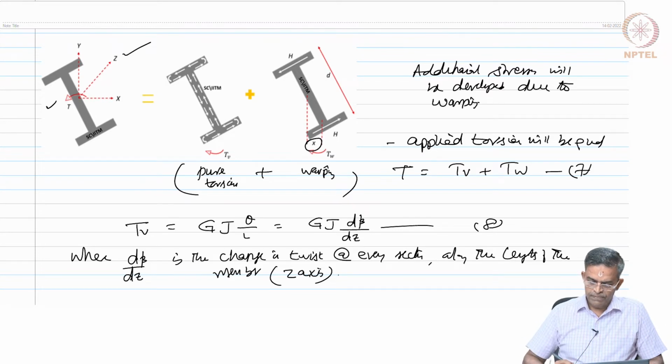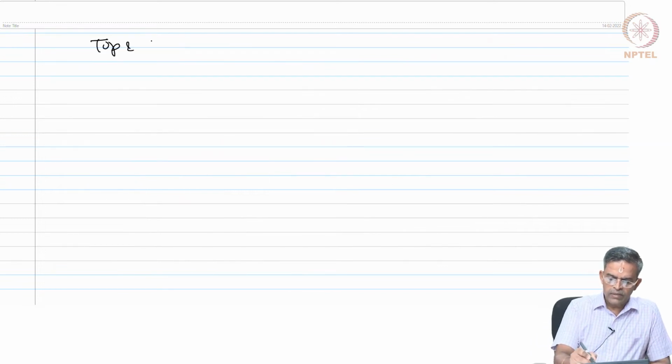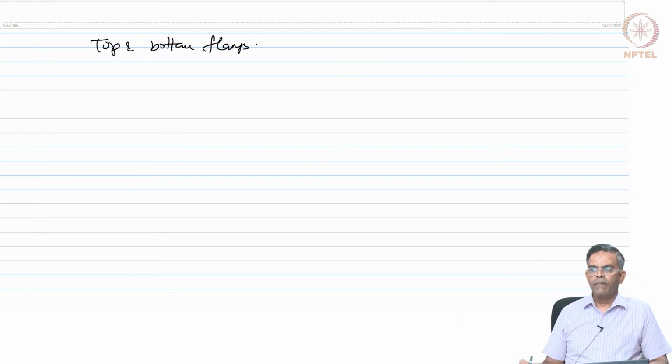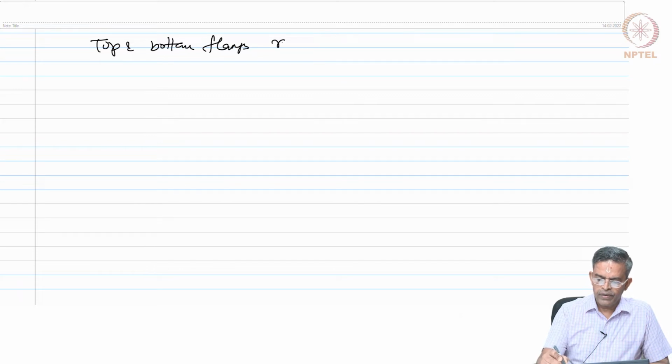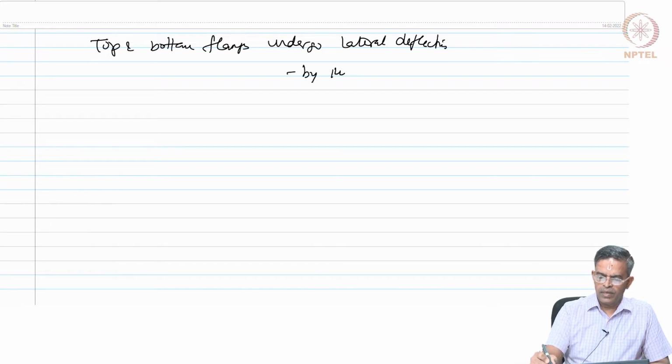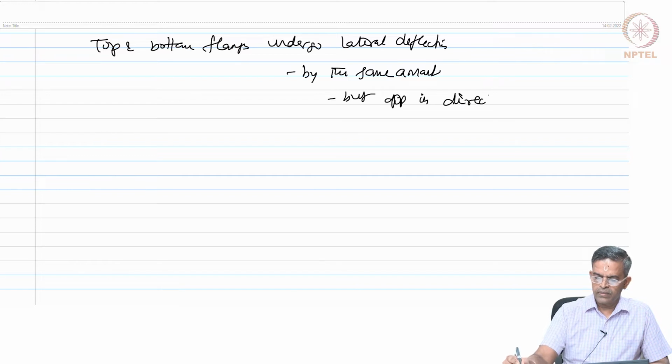In addition to this, top and bottom flanges undergo lateral deflection by the same amount, which results in additional flexural twist. Top and bottom flanges undergo lateral deflection by the same amount, but opposite in direction, correct.